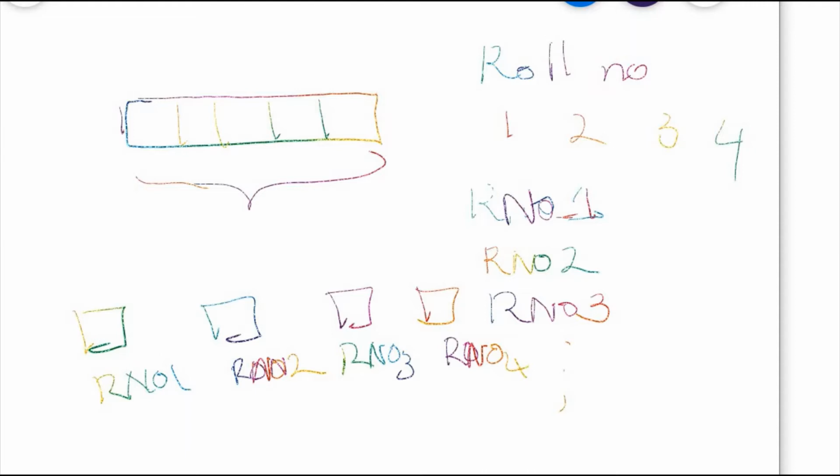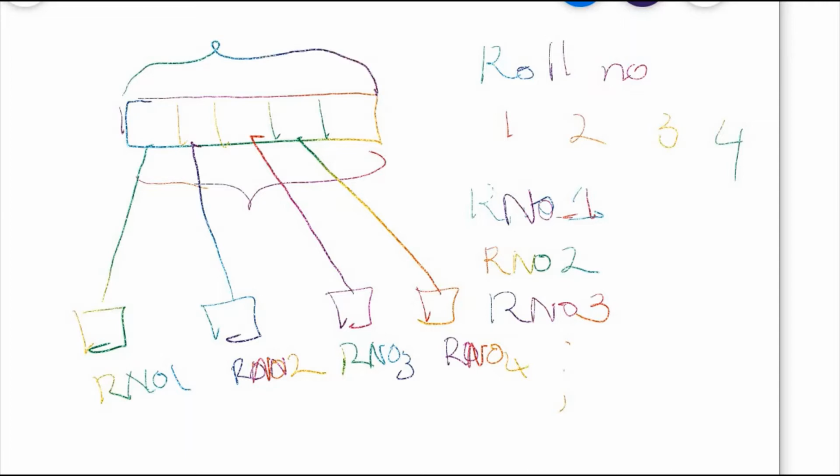Now, using an array, what we are trying to do is store all these in continuous memory location. And this continuous memory, I am going to give a single name called roll number. So instead of saying roll number 1, roll number 2, roll number 3 and 4, I can give the whole set of memory as roll number.